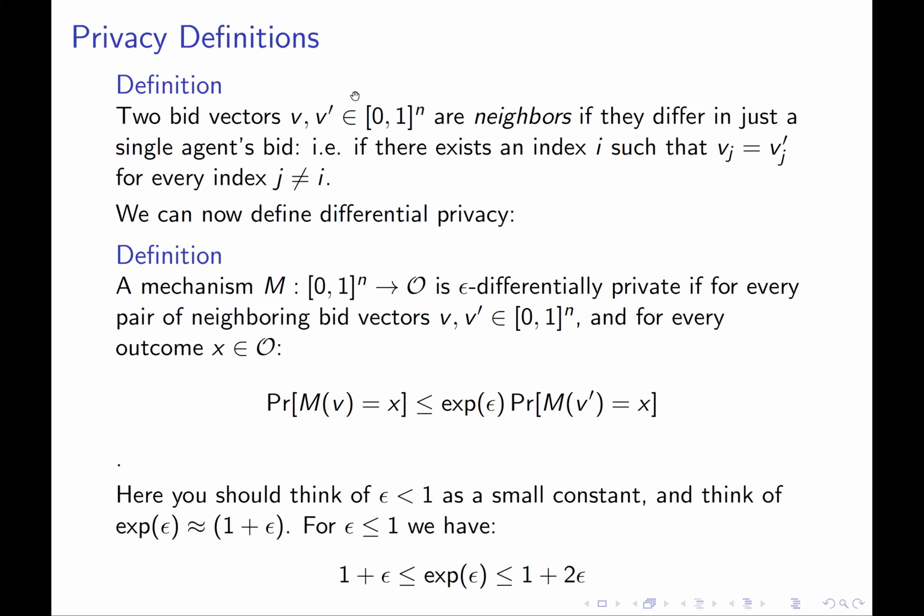Are there any questions about the definition before we go on? Because throughout the rest of the lecture, we're going to think first about the consequences of what happens if we derive a differentially private mechanism for some auction problem, and then think about how to actually do it.